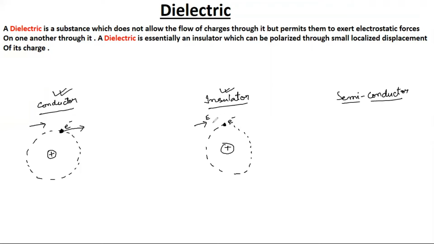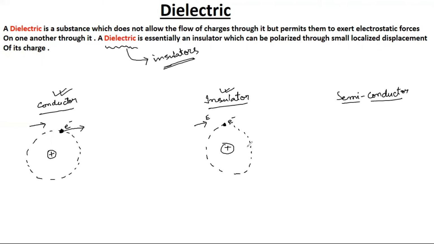Okay. But in case of dielectric substances, we see little movement of electrons inside the atom when it experiences an electric field. Okay, so this is a very important characteristic shown by these dielectric substances. Dielectric substances are nothing but insulators only. So that means there will be no flow of electrons in case of dielectric.